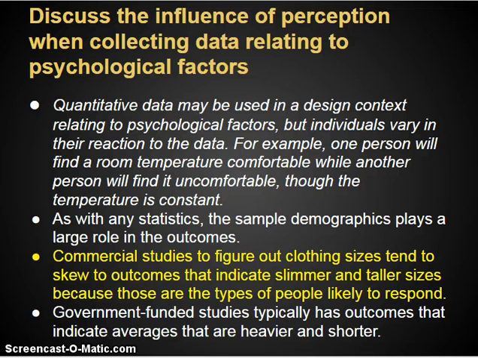There are commercial studies to figure out clothing sizes, and this is actually kind of a more recent phenomenon, called vanity sizing. Have you guys ever heard of that? It's more prevalent in women's clothing than men's clothing, but it is out there. Basically, they design clothing, and something that years ago was a size 12 dress, the exact same size, if it were made today using vanity sizing, would be listed as something like a size 6.